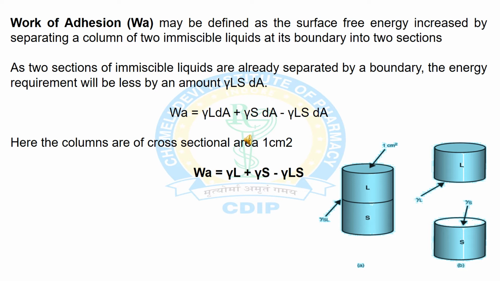If the cross-sectional area of the column is considered as 1 cm square, then the work of adhesion can be written as WA equals gamma L plus gamma S minus gamma LS, where gamma LS represents the surface tension of the interfacial layer between the two immiscible liquids.